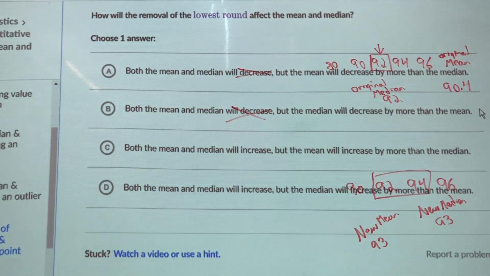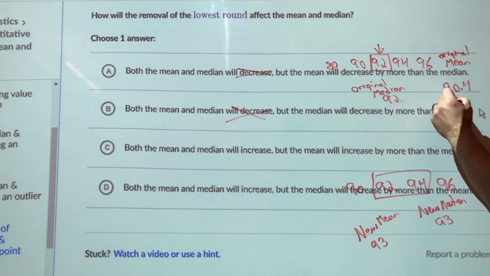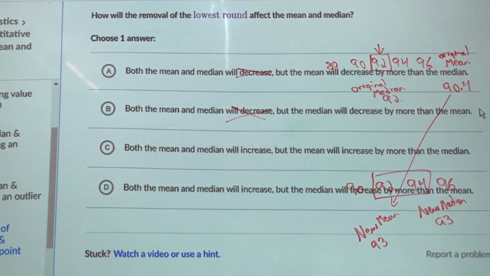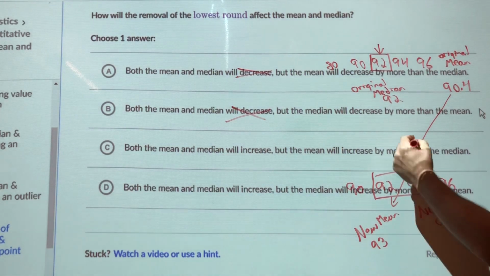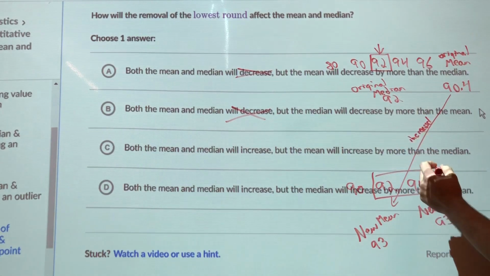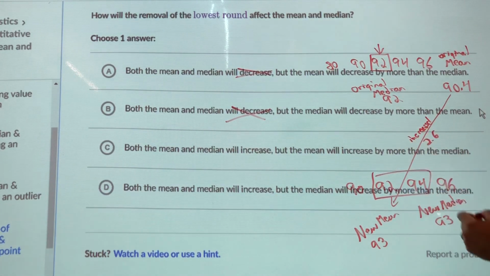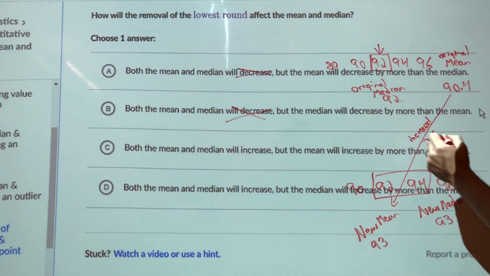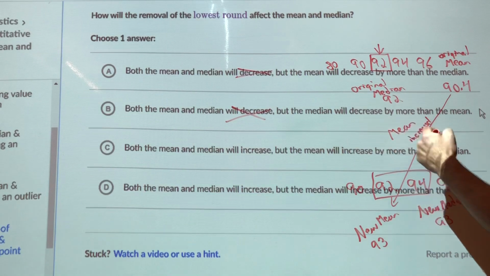All right, this is true. But the mean will increase by more than the median. All right, the mean increased from 90.4 to 93. So take 93 minus 90.4. You get 2.6. So the mean increased by 2.6.